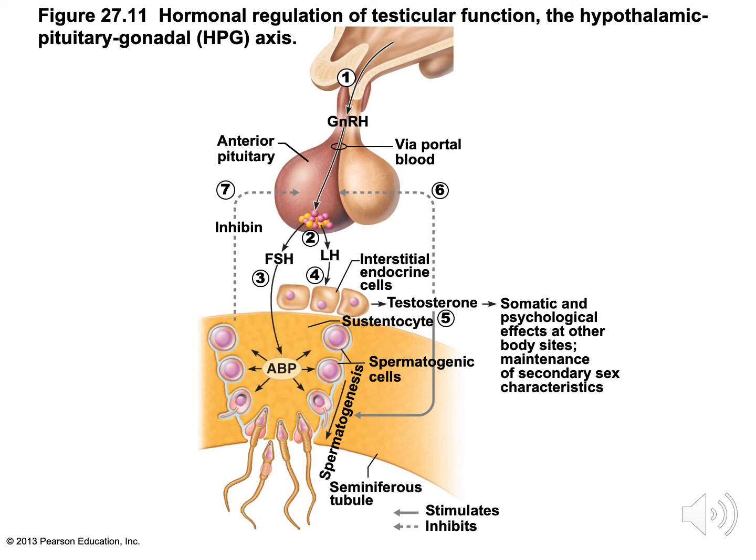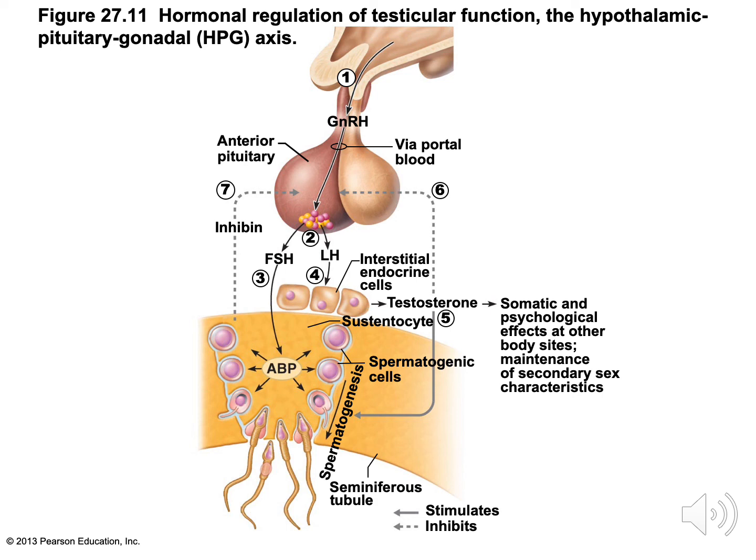So that number 7 arrow there: as FSH increases, it causes the sustentacytes or the Sertoli cells to release a different hormone called inhibin. Inhibin, as it increases, is going to have a negative feedback on the production of FSH from the anterior pituitary.